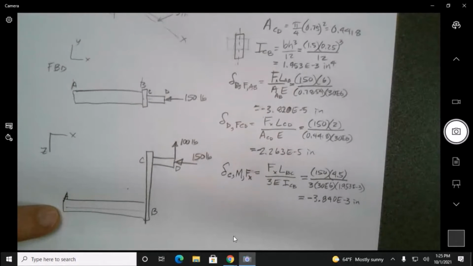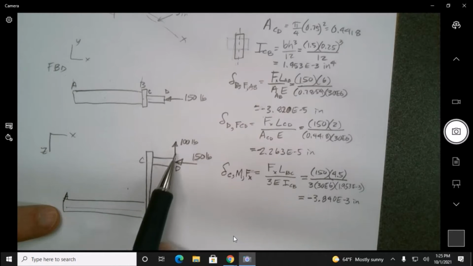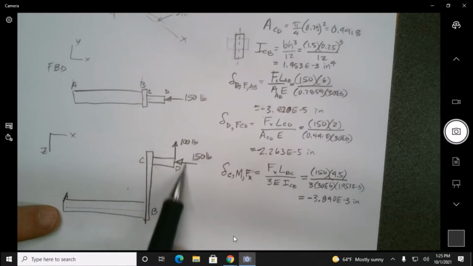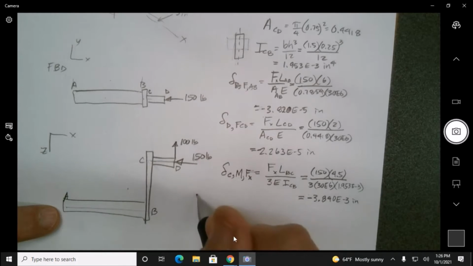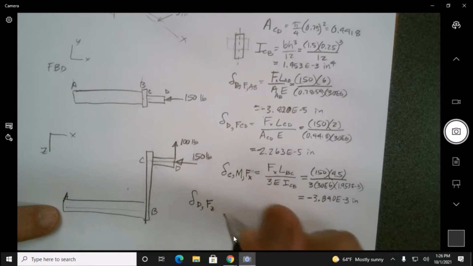Okay, so let's see, looking around at this thing. I can see that there are kind of two things going on right away from this 100 pounds, in this vicinity. One is going to be very, very small, but it's very similar to this, so we might as well look at it, right? We're going to have bending of CD, bending of D because of FZ.